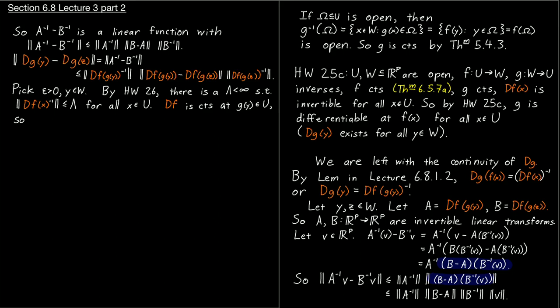So there is a zeta greater than 0 such that if x minus g of y, if that distance is less than zeta, then df of x minus df of g of y is less than, now we'd like epsilon over lambda squared.